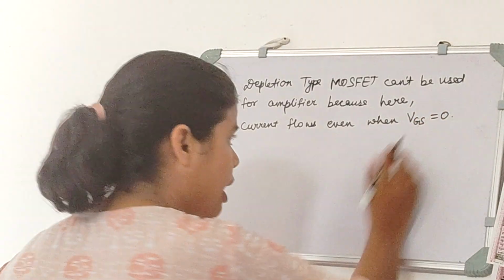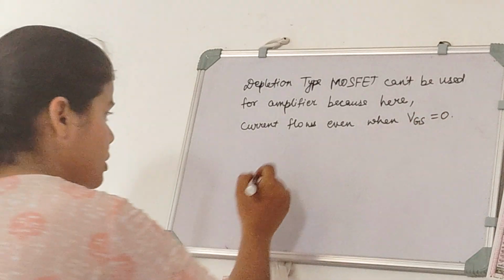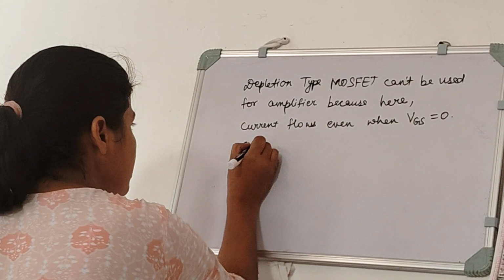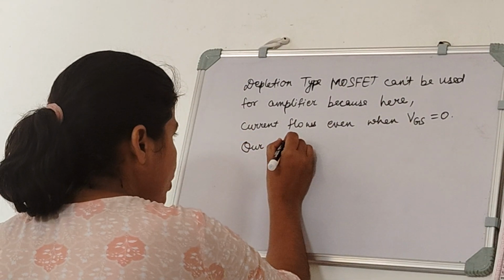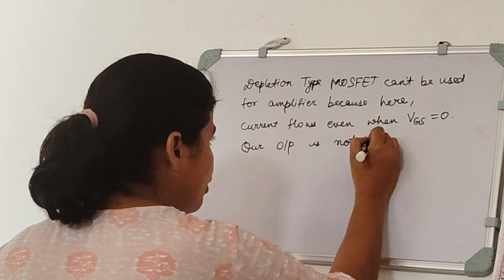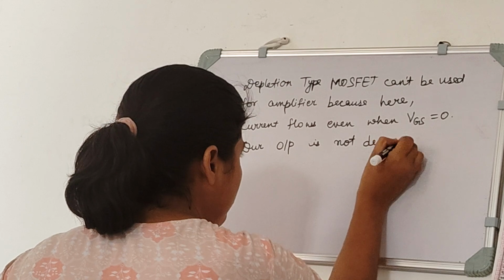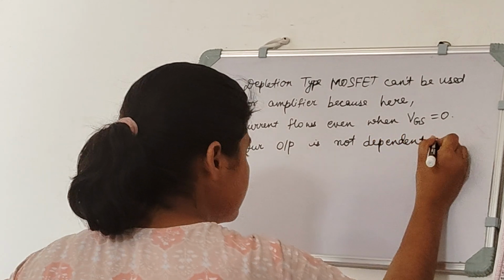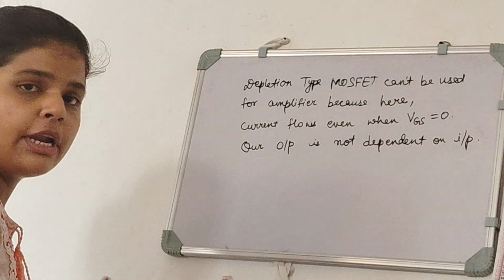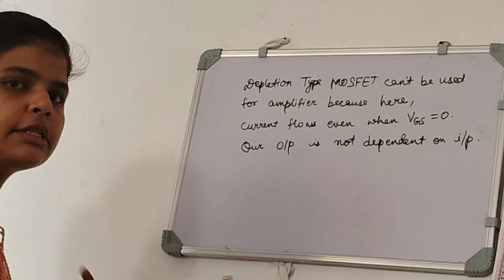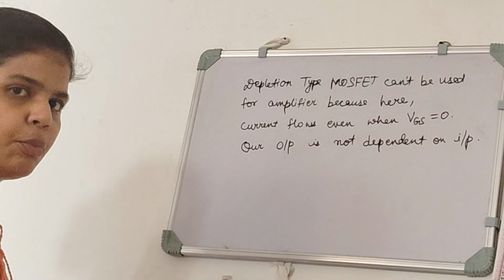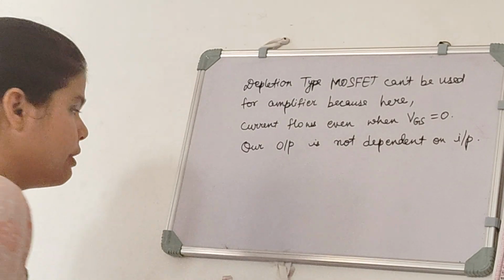and here we know that our VGS is input voltage. So we can say that our output is not dependent on input. But for an amplifier, the most important thing is that our output should be dependent on the input. Then only we can amplify it.